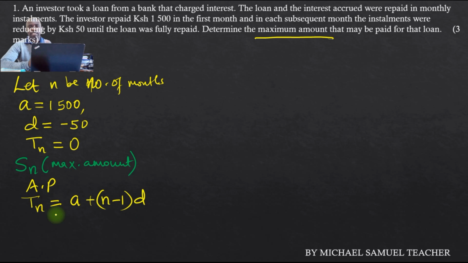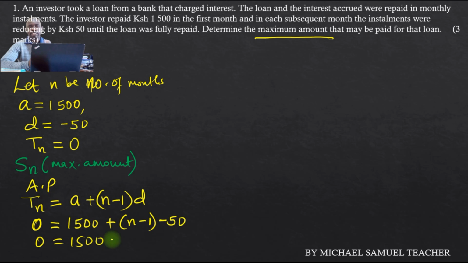So after repaying all, it is reduced to 0, so the last term will be 0. The first term was 1,500 plus, we don't know n, so it will be n minus 1 multiplied by the common difference, which is minus 50. Therefore, here we get 0 equals 1,500.